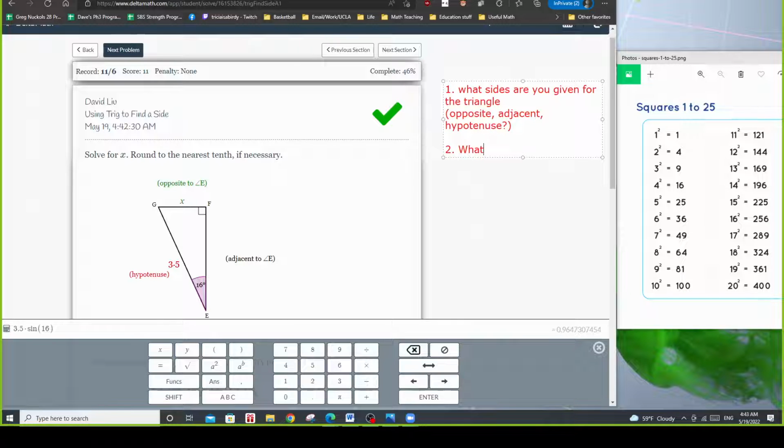Two is, what trig function do you use? And so we use SOH, CAH, or TOA to determine sine, cosine, tangent. Three, set up the equation, and finally four is solve. Okay? These are the 4 steps that you use to solve this, okay?